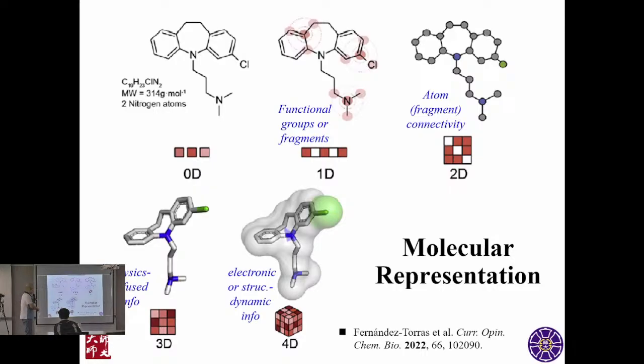Because it's physics-infused information, the distance between atoms has very precise decimal numbers. But in order to have that information, you either need to do first principle calculation, or experimentally you need to do crystallization. Otherwise, you don't have this. So we call this 3-dimensional representation. And you can go beyond this, to the 4th dimension.